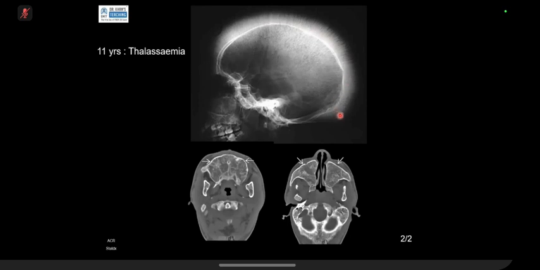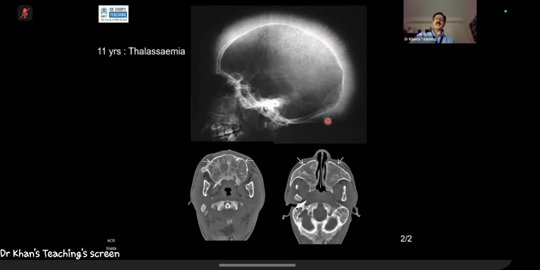With that, one of the fine touches is that in the medullary cavity of the occipital bone, usually there is no hematopoiesis. So that finding is deficient here.